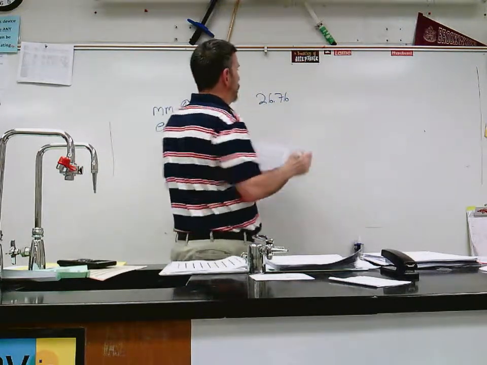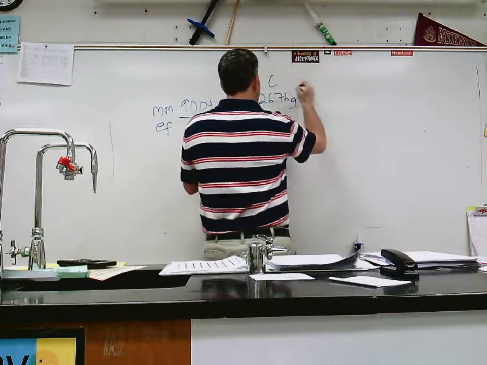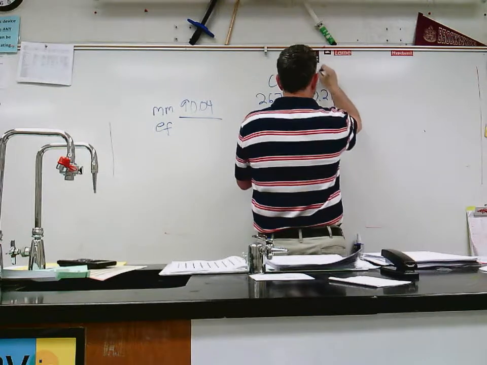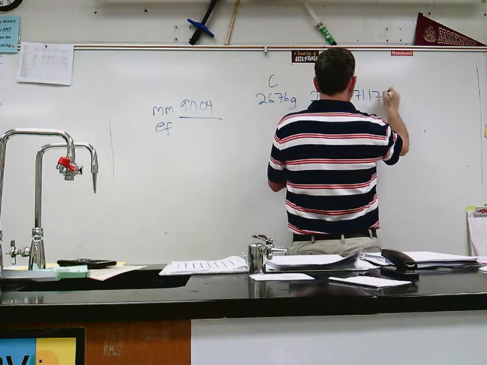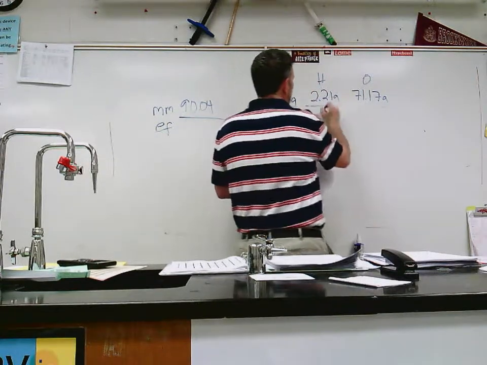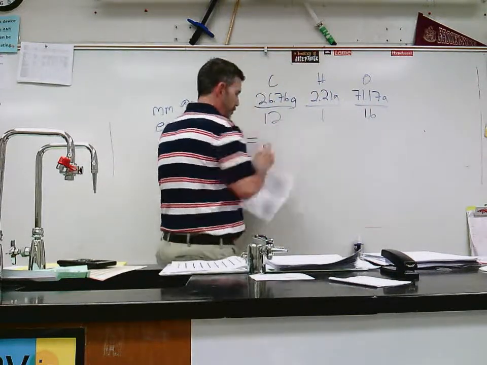At this point, you should know that we're just changing them to grams of carbon. We have 2.21 grams of hydrogen, and we have 71.17 grams of oxygen. Okay, divide this by 12, divide this by 1, divide this by 16, and that's going to give us our mole totals, right?